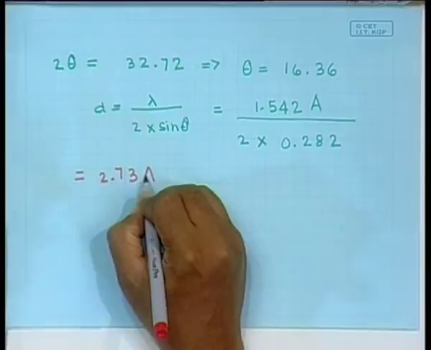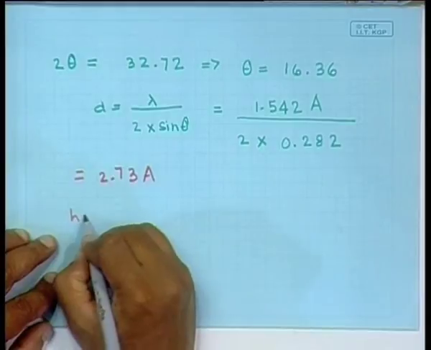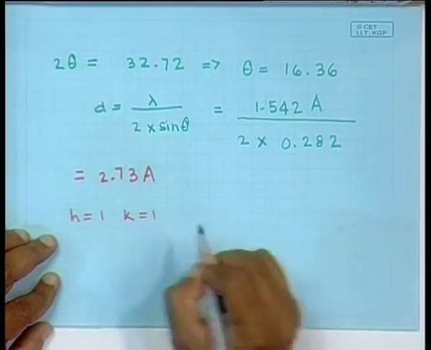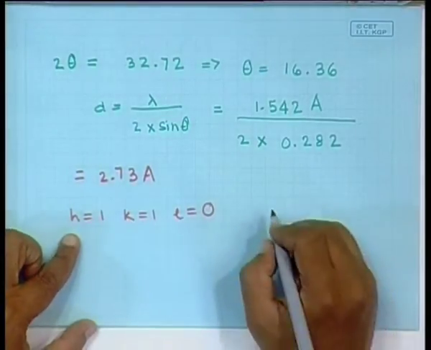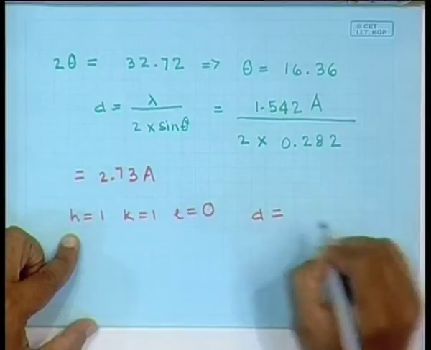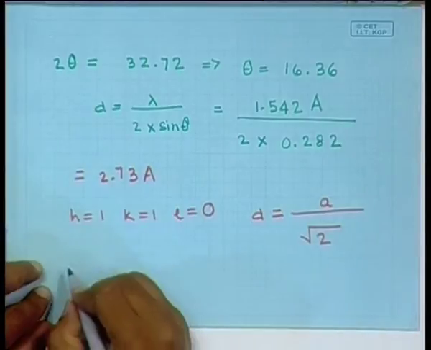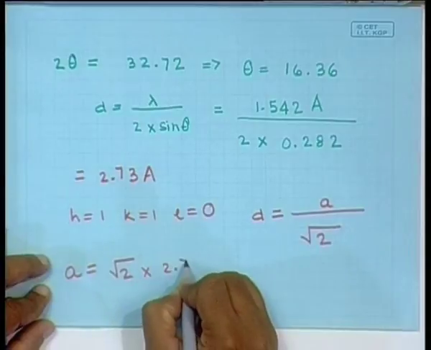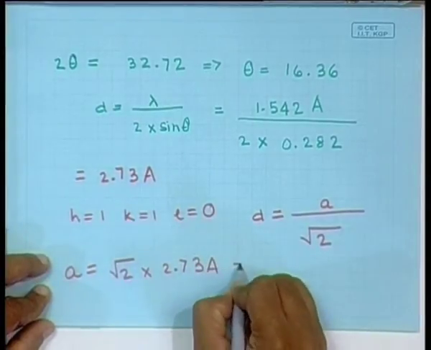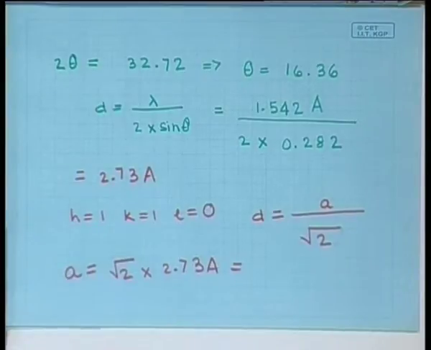2.73 Angstrom. Now, I have told you that this corresponds to h equal to 1, k equal to 1, l equal to 0. That is the next set of Miller indices, and d is equal to a by square root of 2 in this case, so we can use this to calculate a. a is square root of 2 into 2.73 Angstrom, which comes out to be 3.87.